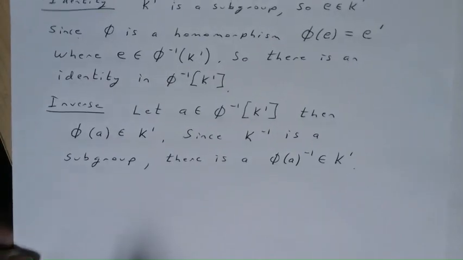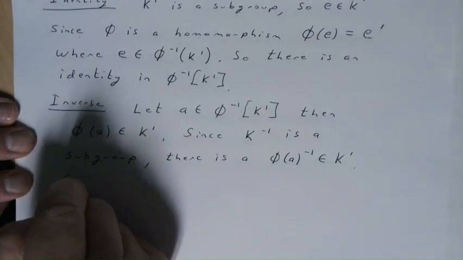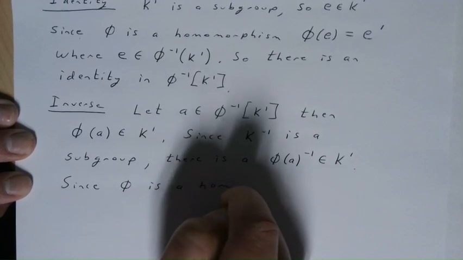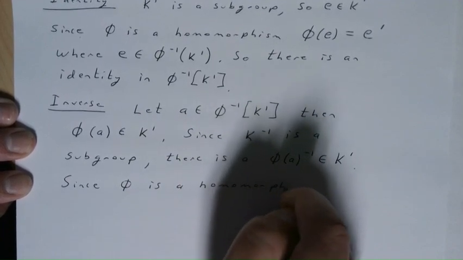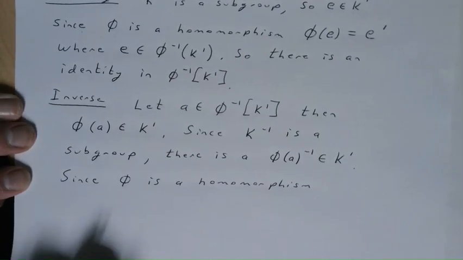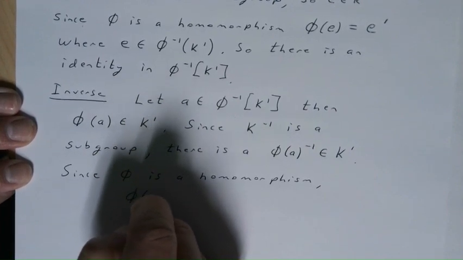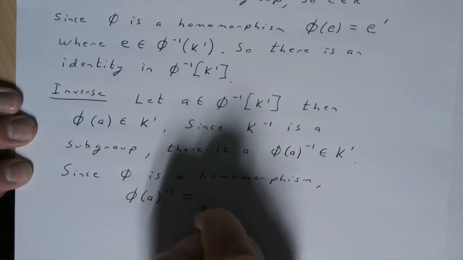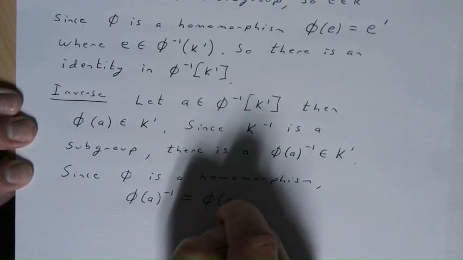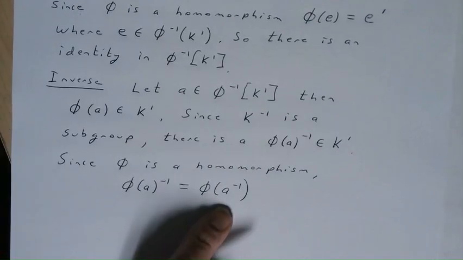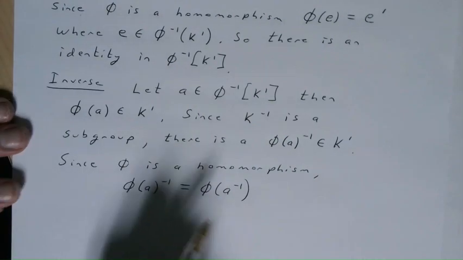But now, because phi is a homomorphism, there's something we had proved earlier. We know that phi of A inverse is equal to phi A inverse, like this. Of course, where this is something back in here. So now what does this mean?